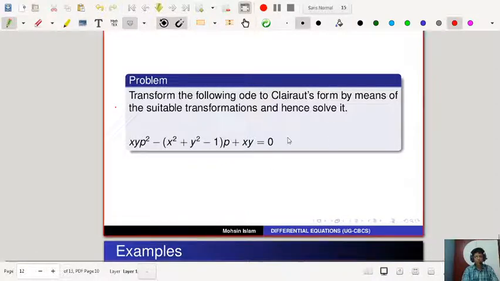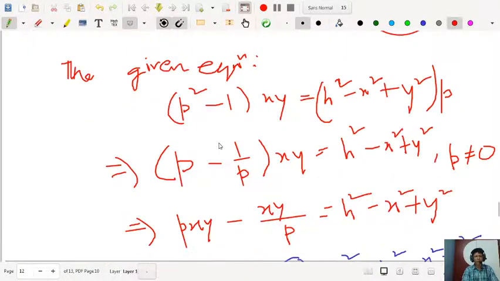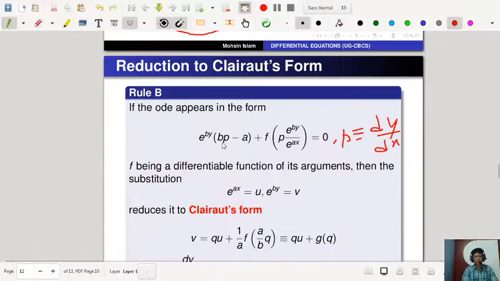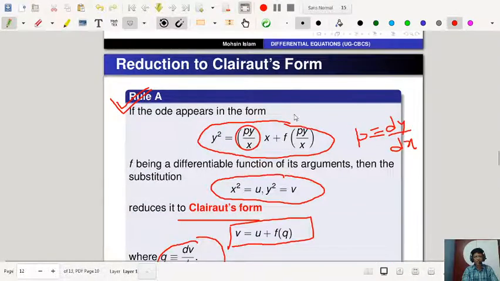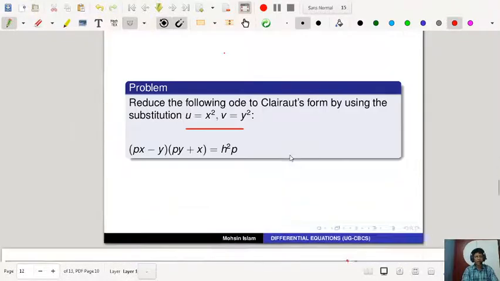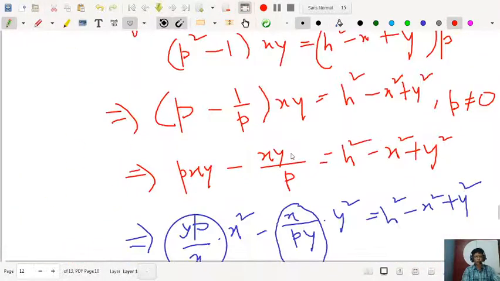Let me solve this equation, but you see there is no transformation rule given for this problem. So you can check rule A, that is the first rule. You can check here. Let me substitute here.